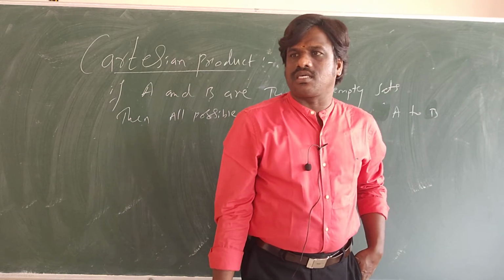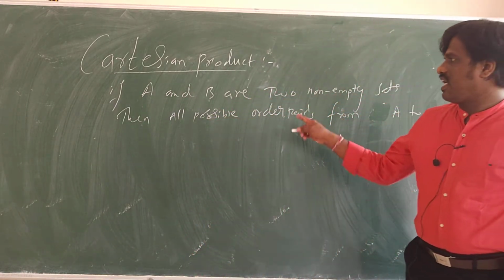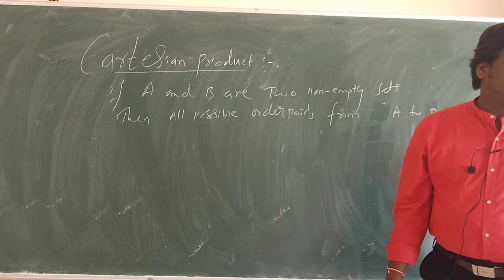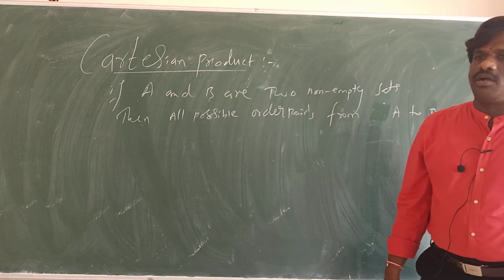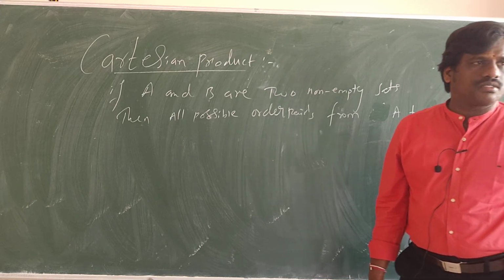Cartesian product means A and B are two non-empty sets, then all the possible ordered pairs from set A to set B, it is called the Cartesian product.